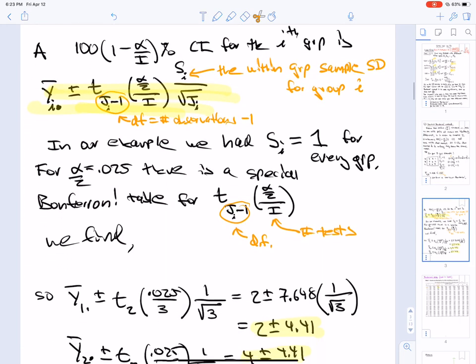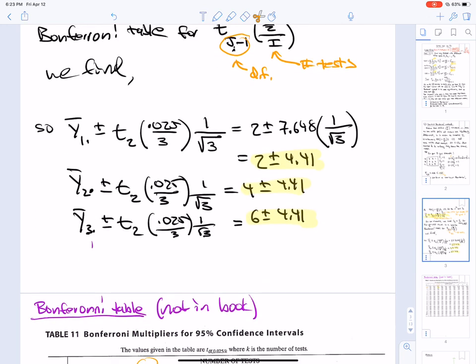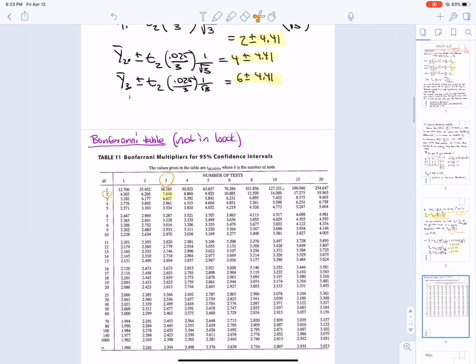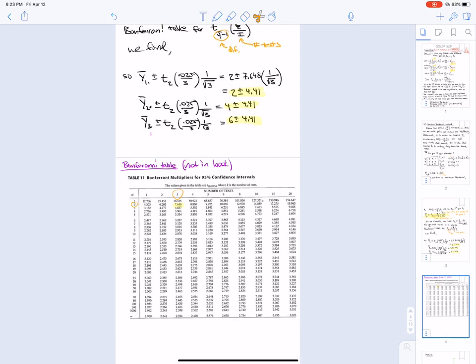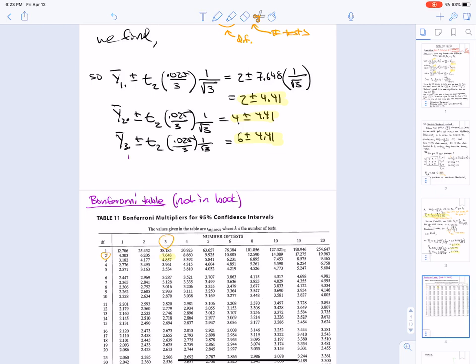So to calculate these cutoffs, we have a special Bonferroni table. This is not in the book, but I'll provide it for you. Here, the 2 is the degrees of freedom, and the 3 is the number of tests that we have. And of course, here we're talking about 0.025 divided by k as the probability.